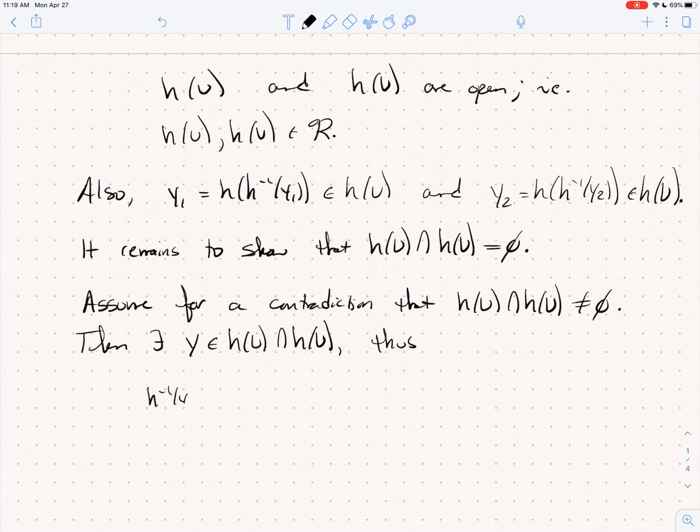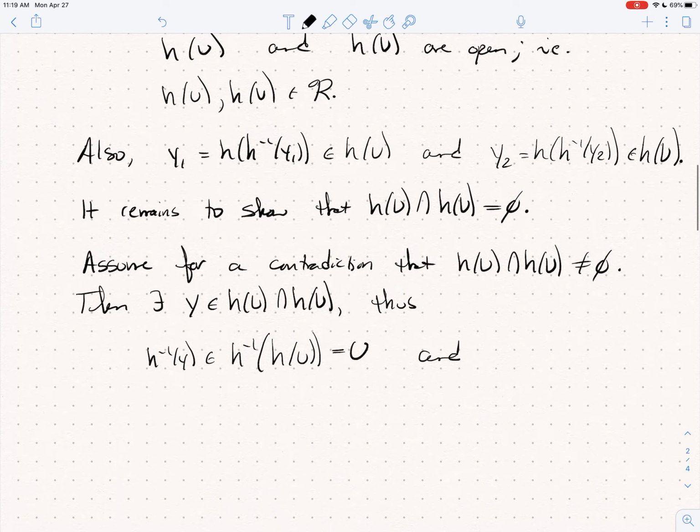Thus, H inverse of Y is going to be in the image of H of U under H inverse. Actually, no preimage here, I'm sorry; it's the same, but this is just U. And in fact, we can also see that H inverse of Y is in H inverse of H of V, which is just V. Wait a minute, that's a problem.